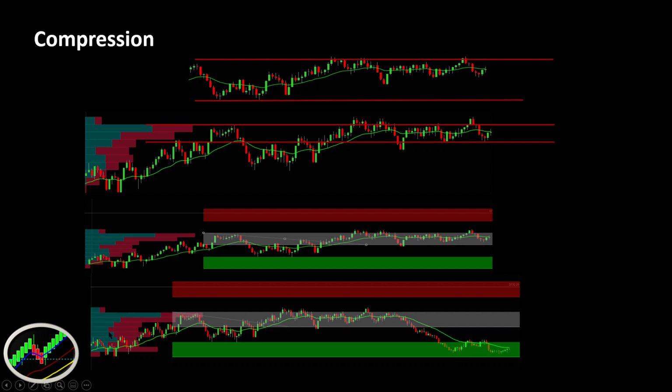Now, if you look at the volume boxes, now there's a little bit of higher or different distribution here. This area here started to make some good development, right?